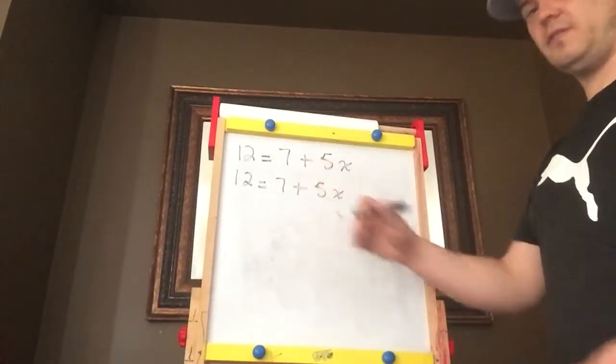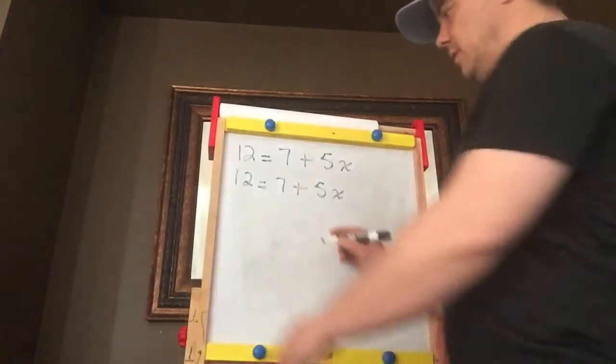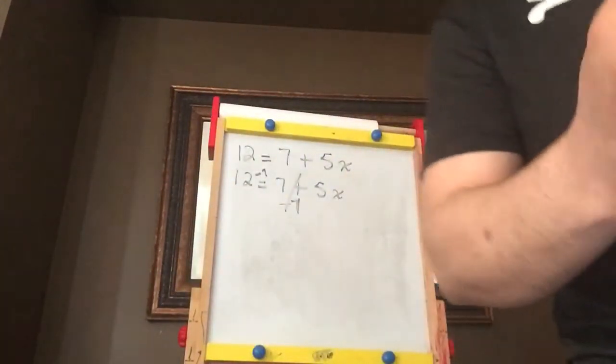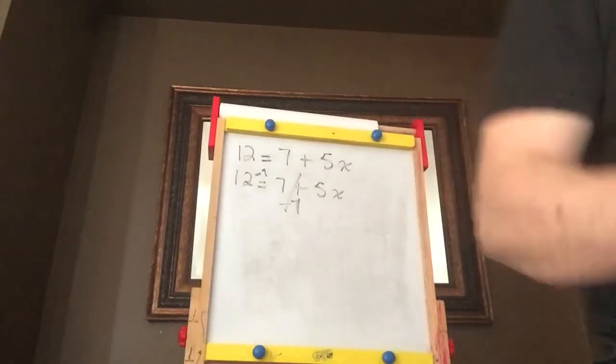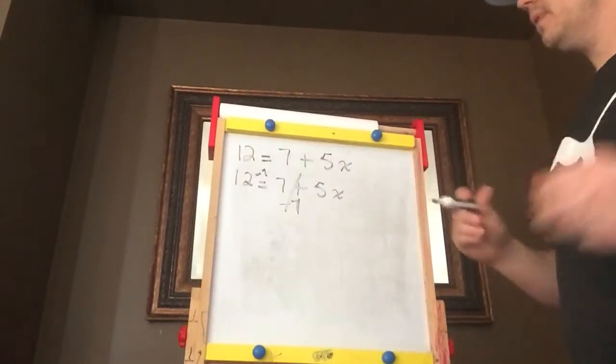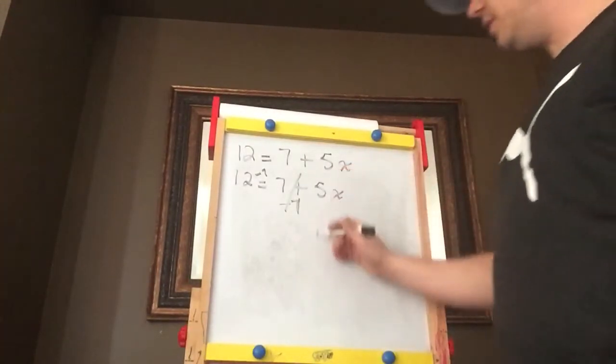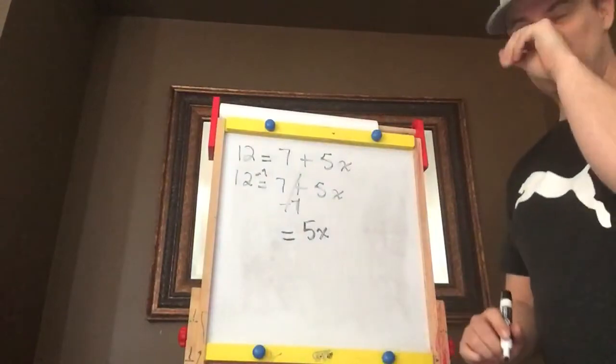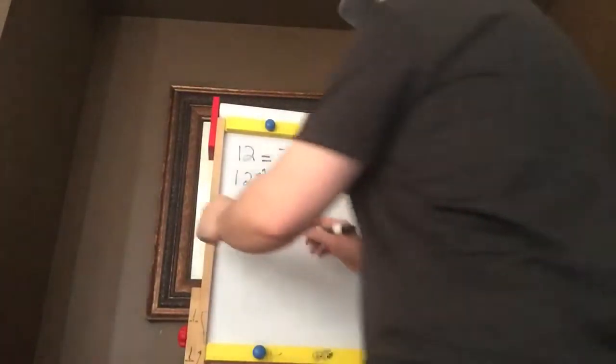We've got a plus 7 here, so to get rid of plus 7, we subtract 7. Do the same to this side, subtract 7. Okay, now we're left with 5x we can bring down here. And 5x equals 12 subtract 7, and 12 subtract 7 is 5.